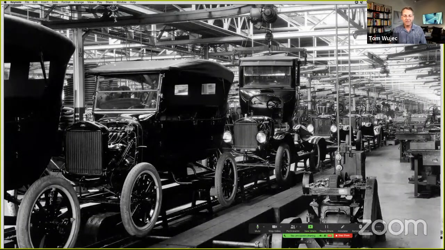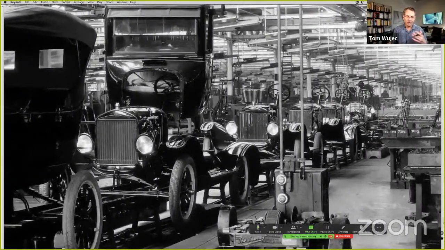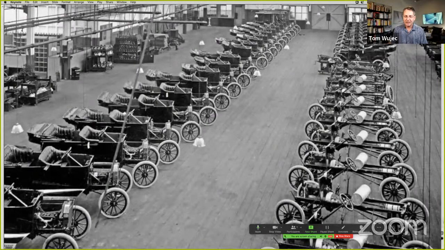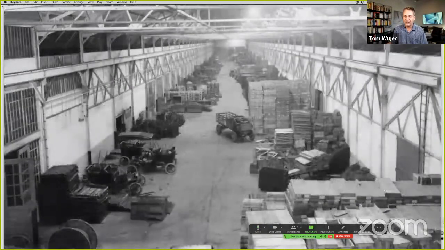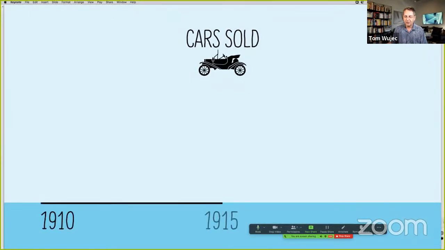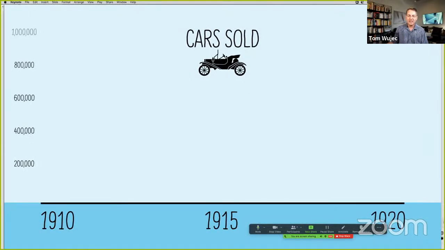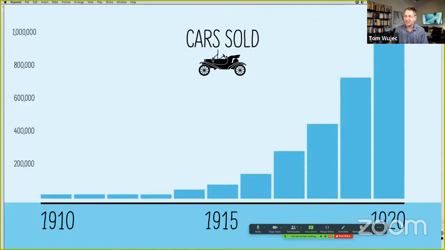And of course, out of this and with his team, produced the moving factory line that transformed manufacturing, borrowing from other industries, and dramatically lowered the costs, increased the quality, and all kinds of great stories of how this actually played out. And so the number of cars that he sold dramatically increased as a result of this. My goodness, from just tens of thousands to just under 1 million over the course of a decade.